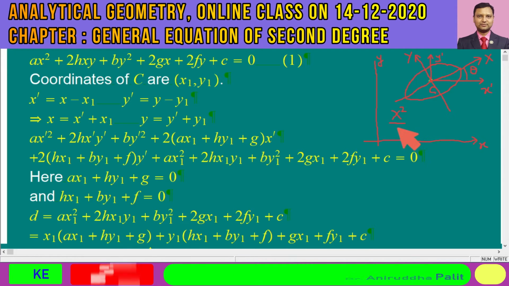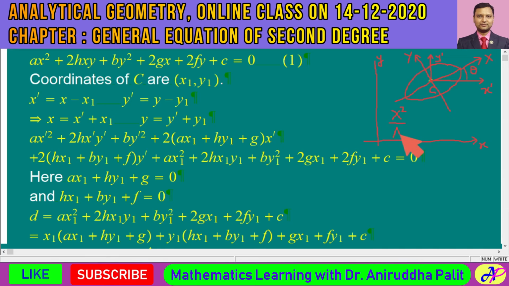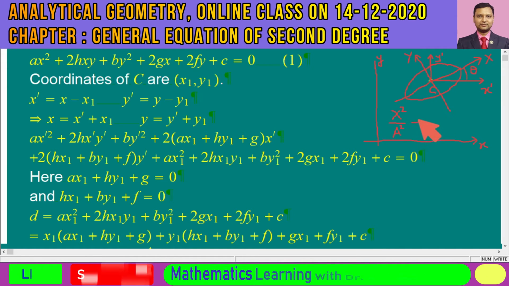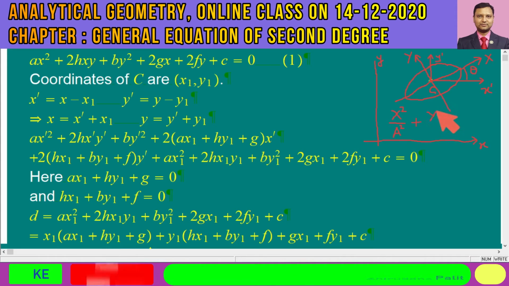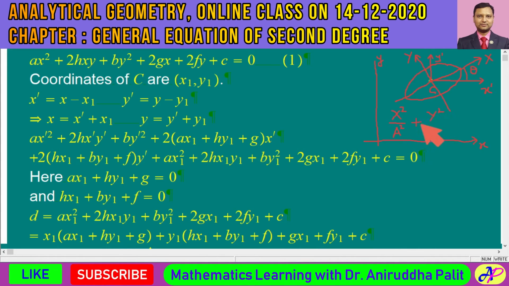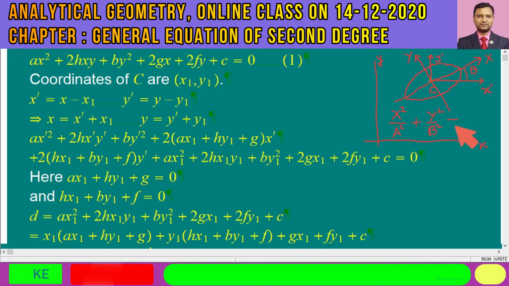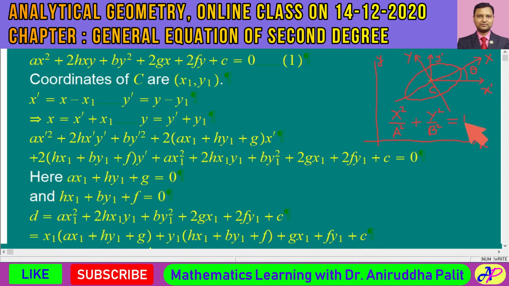That means x square divided by capital A square plus y square divided by maybe capital B square, that is equal to 1.